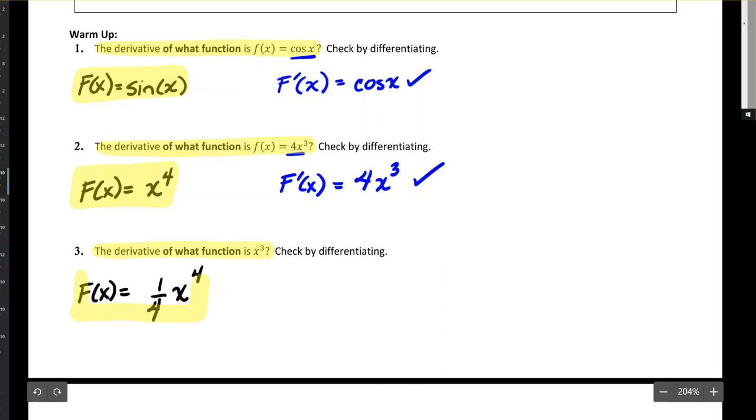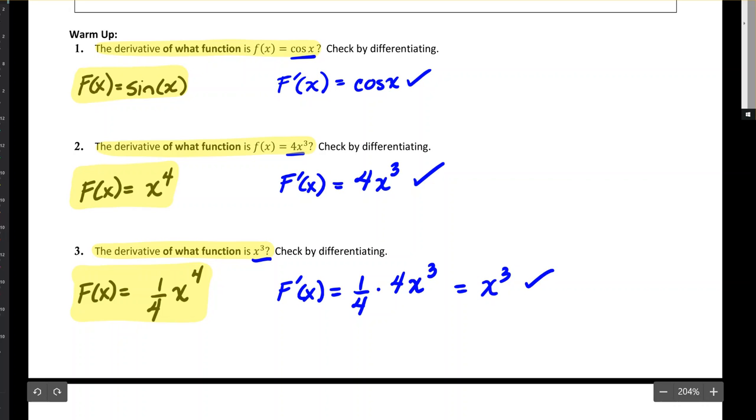If I take the derivative of that function, do I in fact get x cubed? We have a constant, 1/4, multiplied by x to the 4th, and the derivative of x to the 4th is 4x cubed. We've got 1x cubed, we've got x cubed.